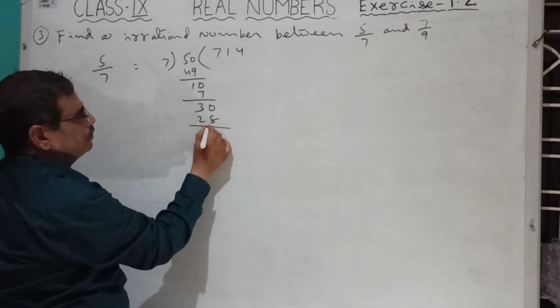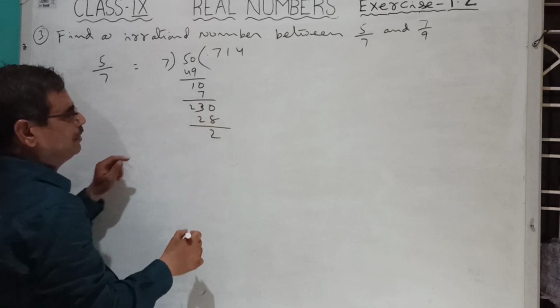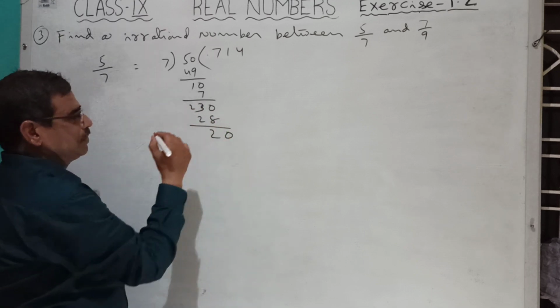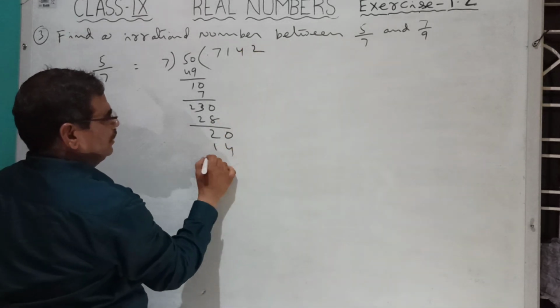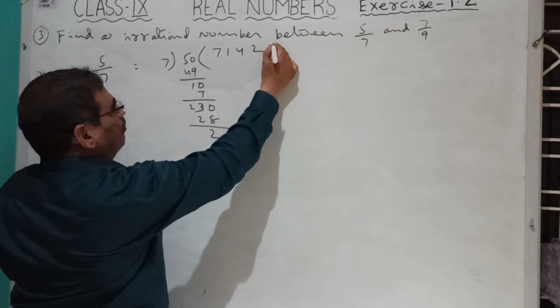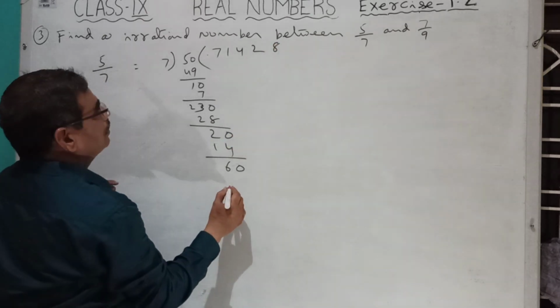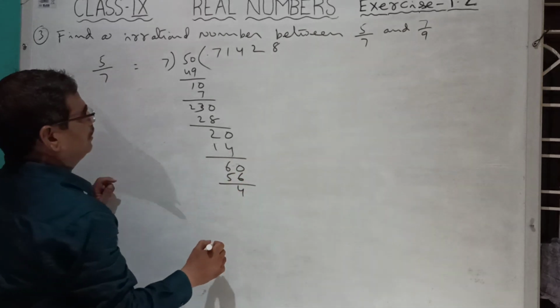That is equal to 10 minus 8 means 2 here. 2 will be there. So another 0 down. So 7 twos are 14. 6 balance, another 0. 7 eights are 56. 4 will be there.